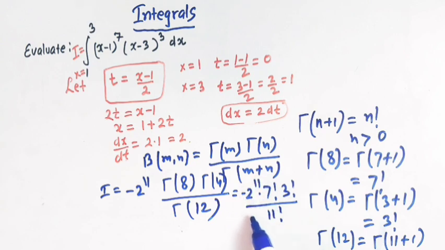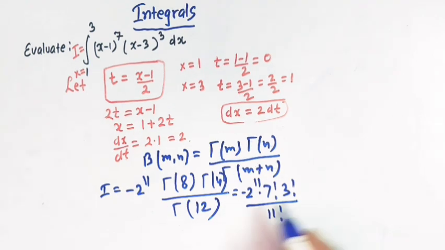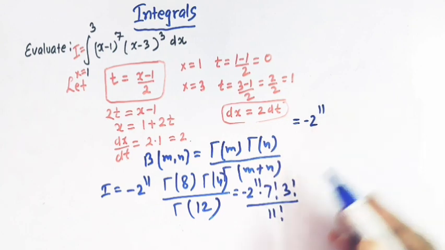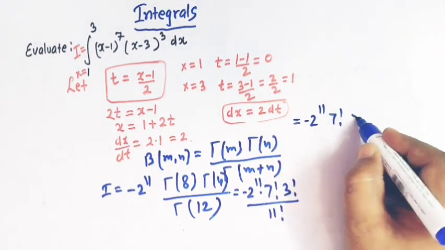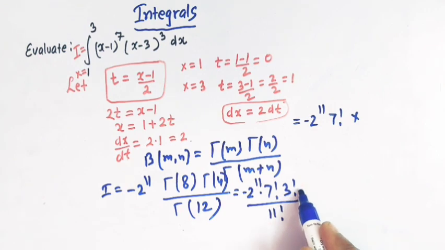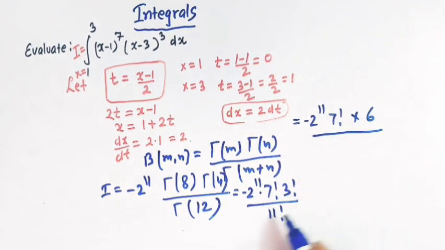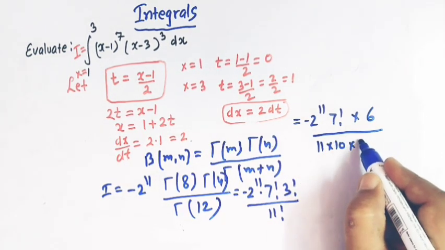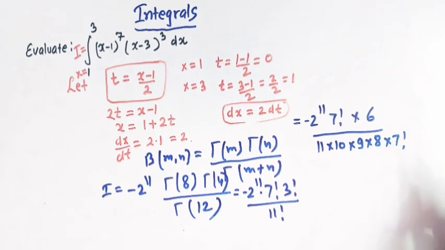So now we have to calculate the value of this expression. Here we have minus 2 raised to 11, 7 factorial, then 3 factorial is 3 times 2 times 1, that is simply 6, and 11 factorial can be written as 11 times 10 times 9 times 8 times 7 factorial, right?